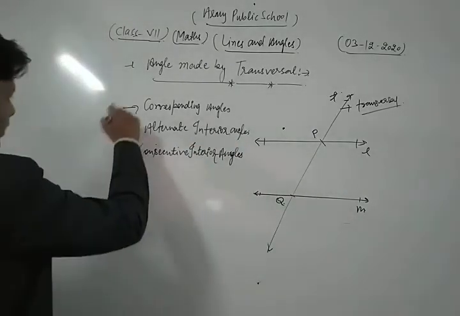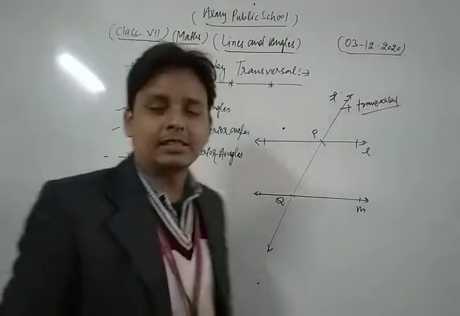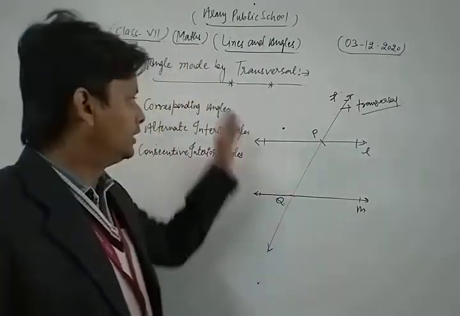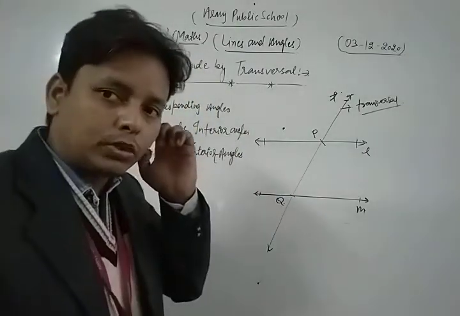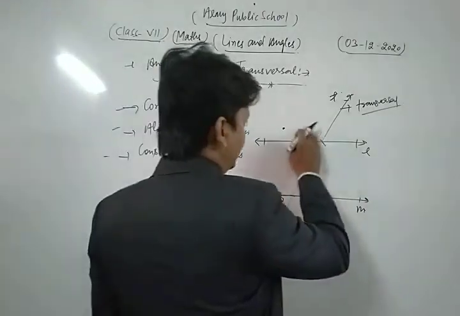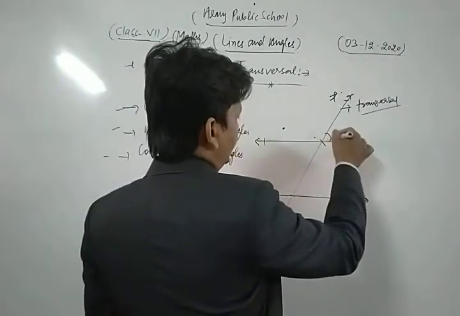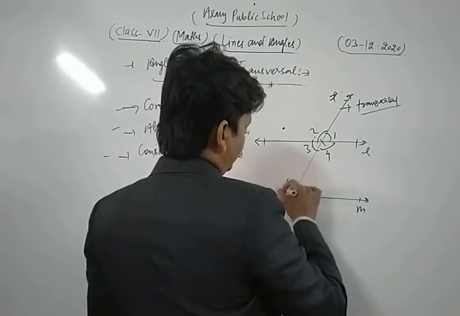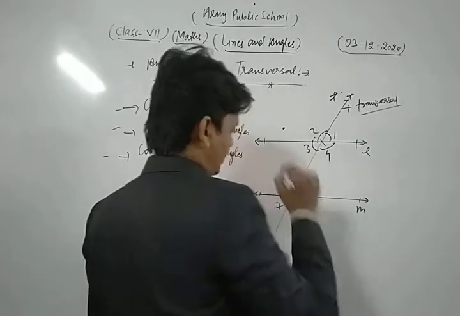Okay, these are three very important types of angles which are made by the transversal T. So let's discuss all those angles one by one. First of all, we discuss the corresponding angles. So before that, suppose we label the angles 1, 2, 3, 4, 5, 6, 7, 8.